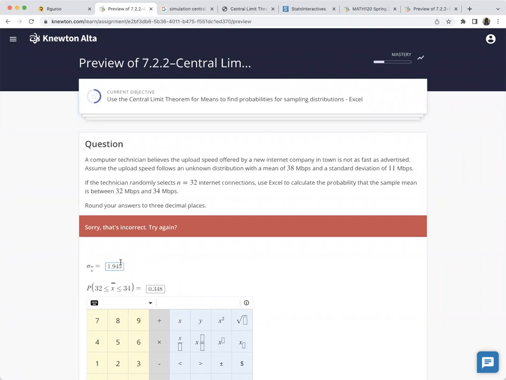Standard deviation of 11 over the square root of 32. That is 1.9445. If I am doing 3 decimal places, 1, 2, 3, so this should change to a 5.